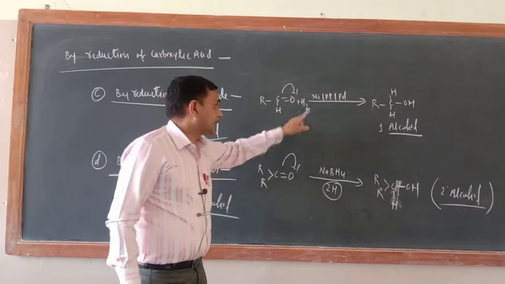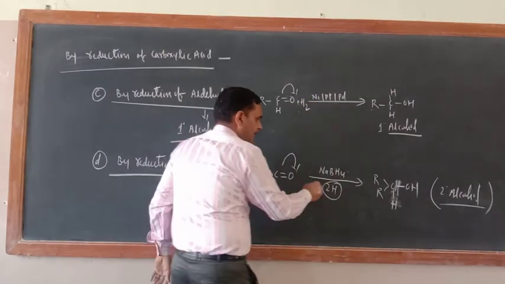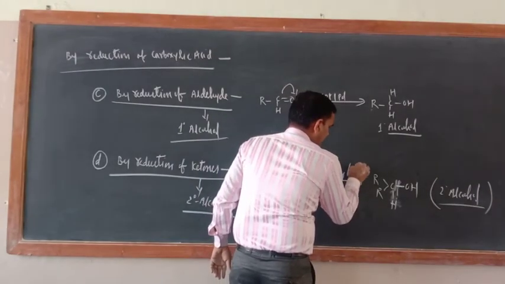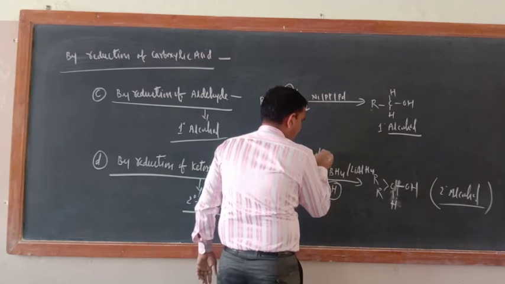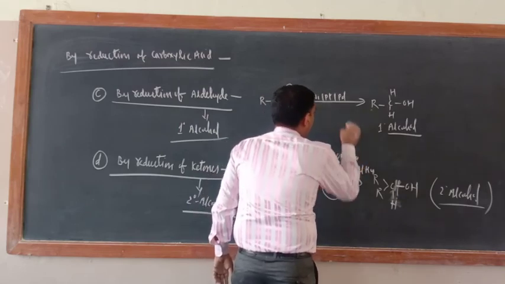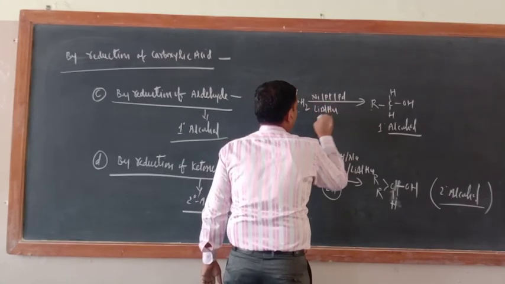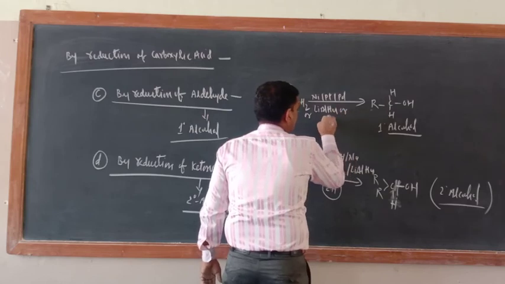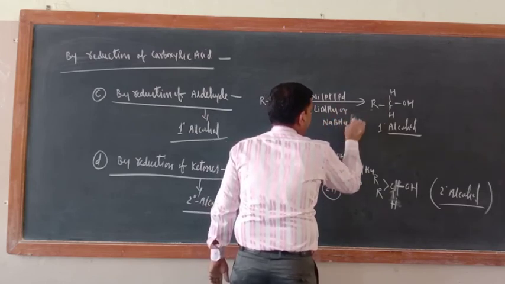Ketone except these. Here you can write lithium aluminium hydride, C2H5OH Na, and sodium borohydride.